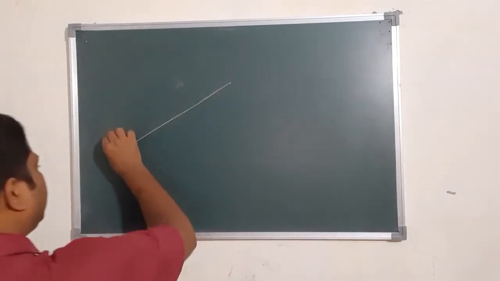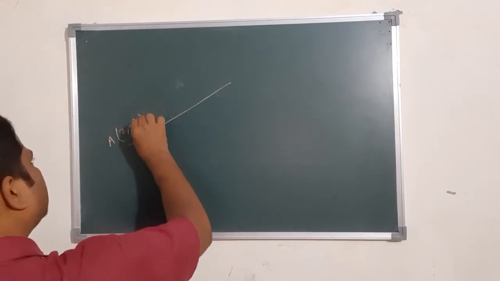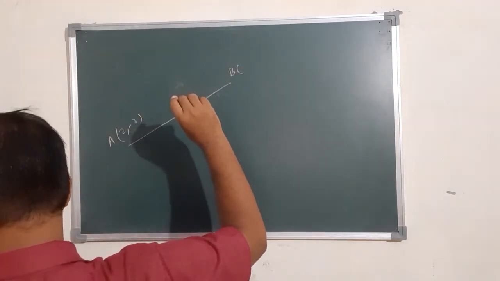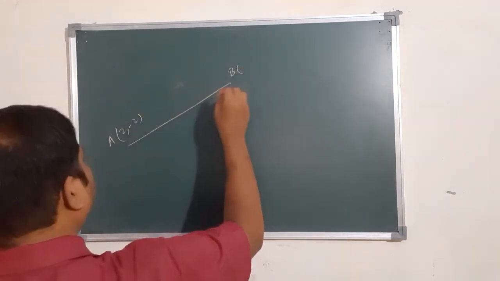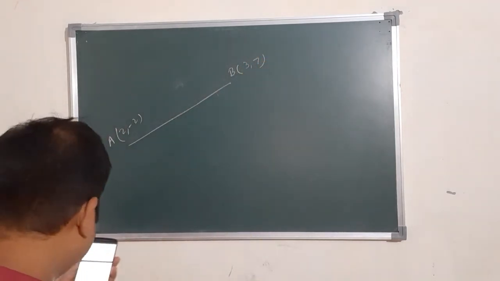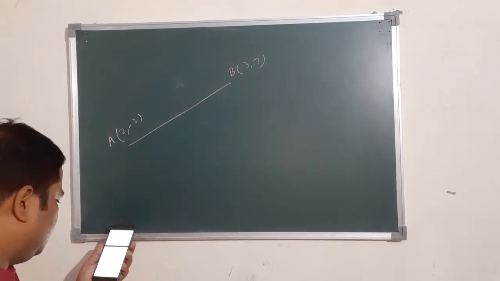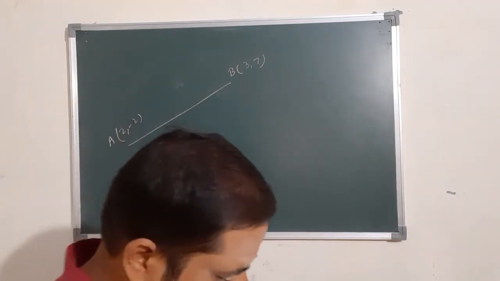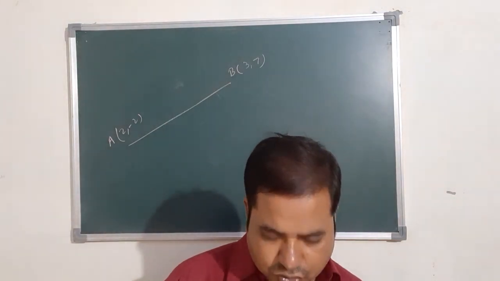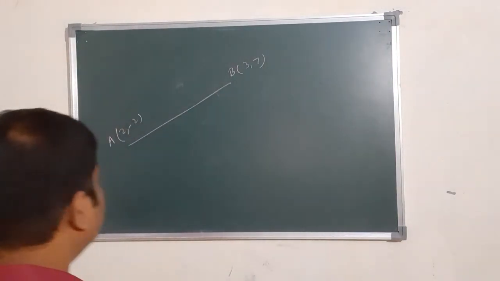So see, A is (2, -2) and B is (3, 7). We need to find the ratio in which the line 2x plus y minus 4 equal to 0 divides the line segment joining these.